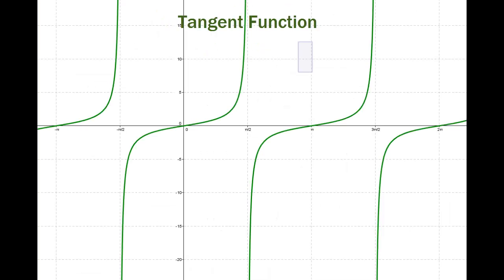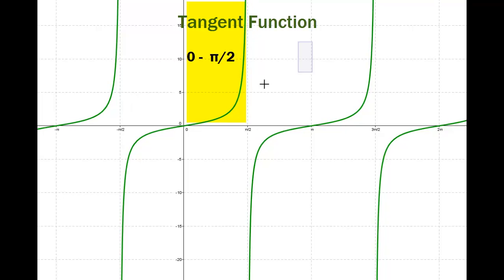Now, if we take these values and plot them on the tangent function, where the input is theta, the angle, and the output is the value of the tangent of the angle, we see some pretty interesting different patterns. Tangent behaves quite differently from sine and cosine. It has a value of 0 at 0 because tangent, again, remember, is sine over cosine, and the sine is 0 at 0. But then it increases slowly at first, and then very, very rapidly as theta approaches pi over 2.